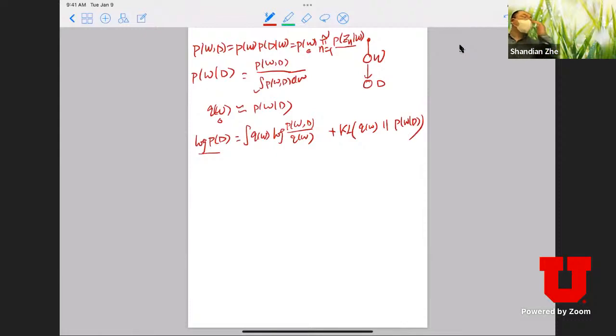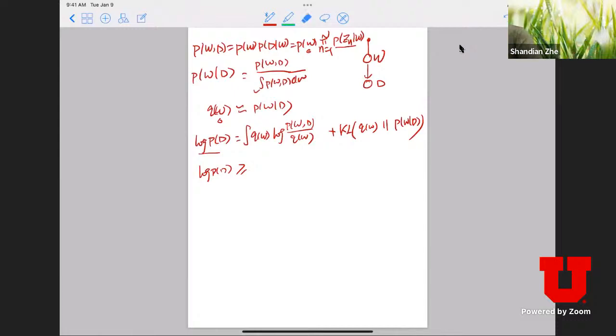This equality does not need Jensen; it's just true. If you want to get the lower bound, you get an inequality, and then you look at the gap between the evidence and this lower bound. It is called the KL divergence.